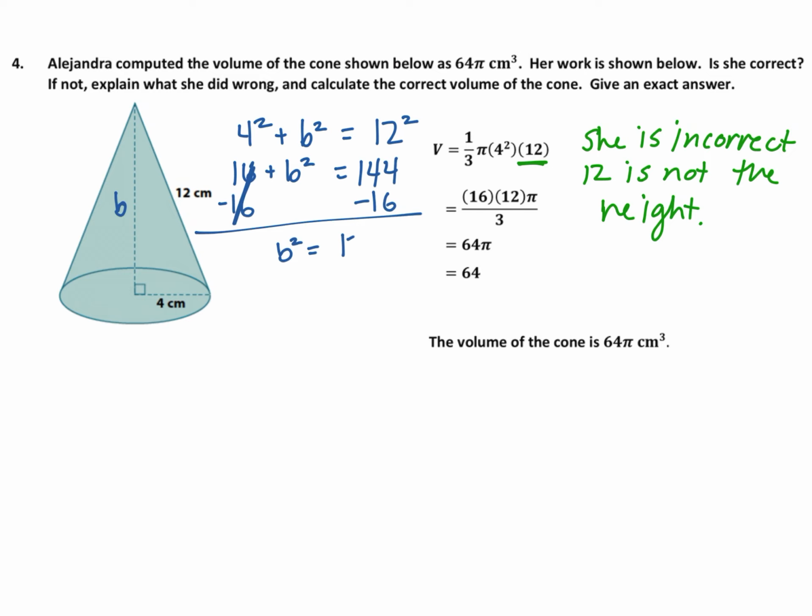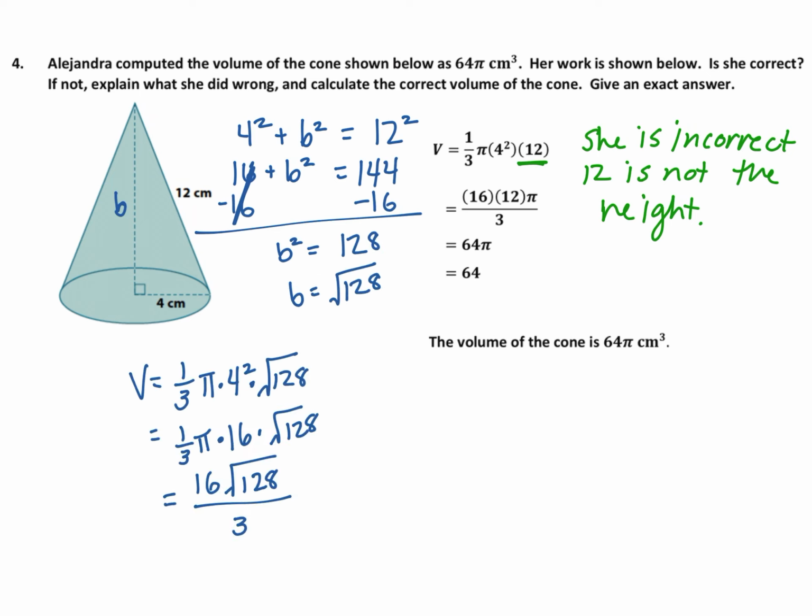Our volume is going to be 1/3 pi times radius squared times the square root of 128. 4 squared is 16. So we can simplify that by writing the 16 and the square root 128 on top with the 3 on the bottom, and then the pi next to it.